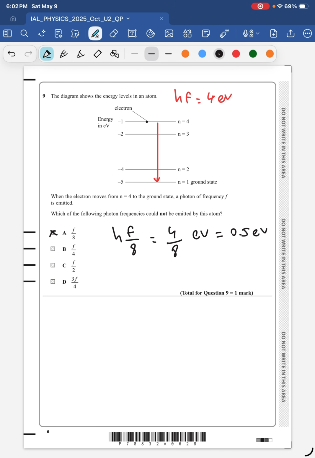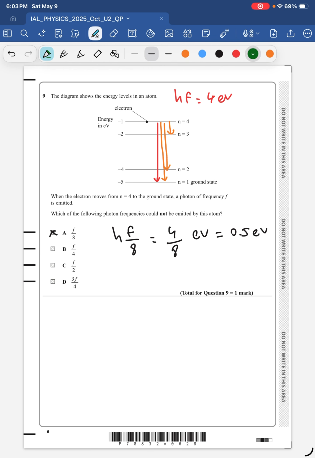And why is that? Because in this atom, we can only have integer jumps because the energy is integer. So the possibilities are, an electron might jump from 4 to 3, that's a change of 1 electron volt, or from n equals 4 to n equals 2, which is a jump of 3, or from n equals 4 to the ground state, the one we just examined, that's a change of 4.